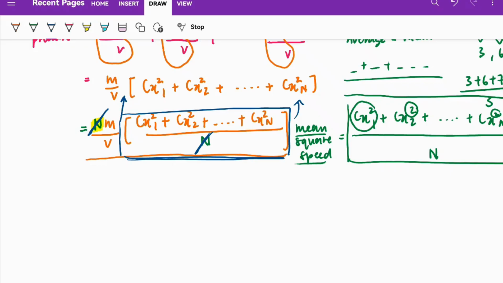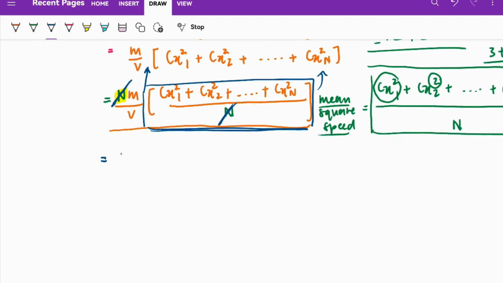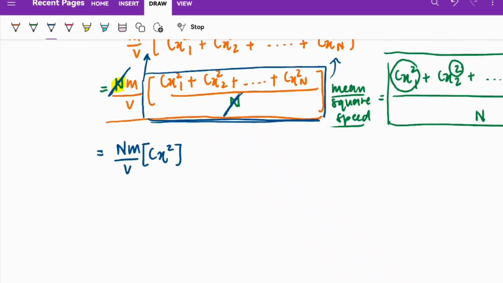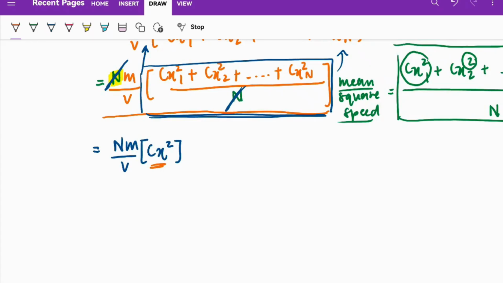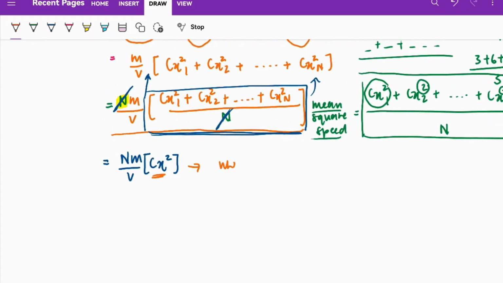So now I can write it even better, nm over v times cx square. You can write it like this, where this cx square is actually the sum over n, and I just write it better by saying it is cx square.